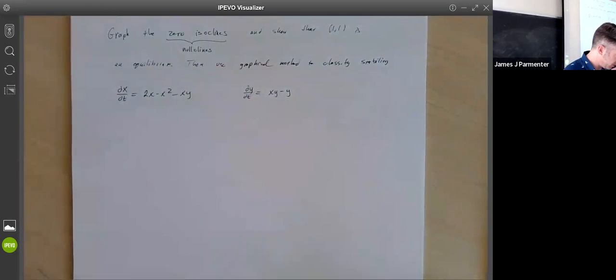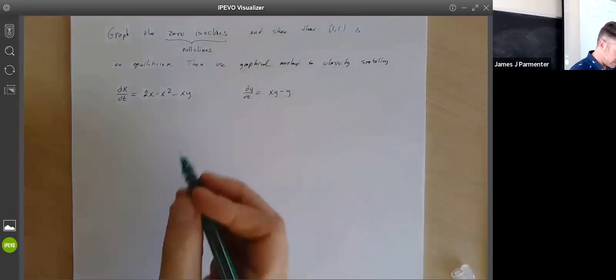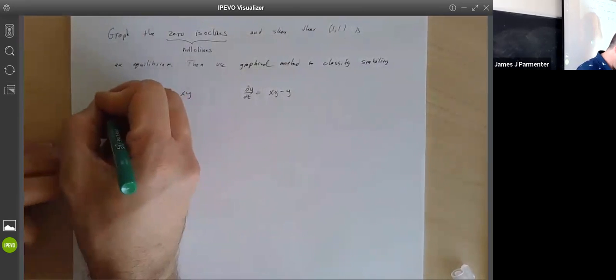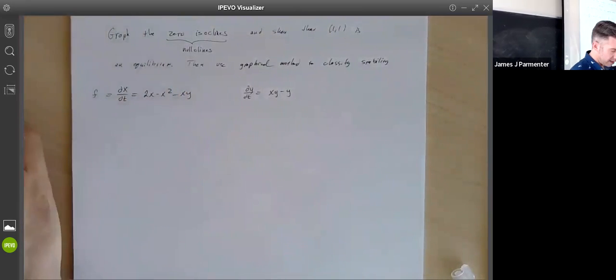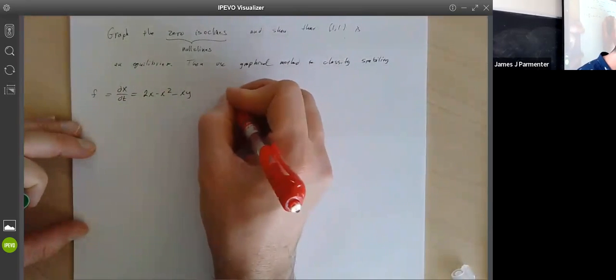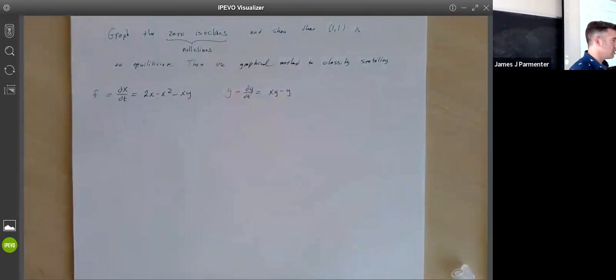First off, we're going to find the nullclines. It's good to use different colors for x and y, so I'm going to use green for x, red for y. And it's good to call the dx dt your f and your dy dt your g. Obviously, you can use F1 and F2 if you feel like you need to do that instead.